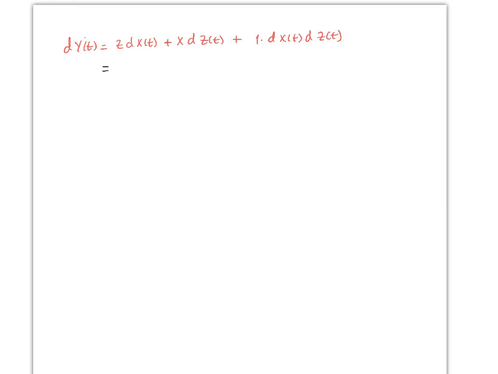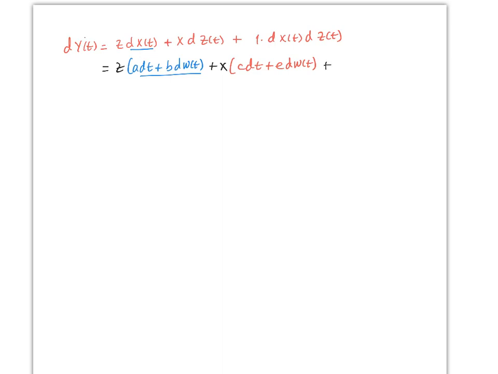But remember that dx was equal to a dt plus b dW_t. Okay, so this was equal to this. And then dz was equal to c dt plus e dW_t.